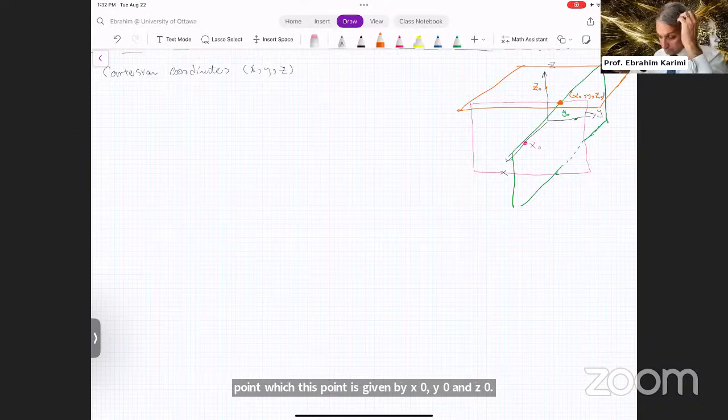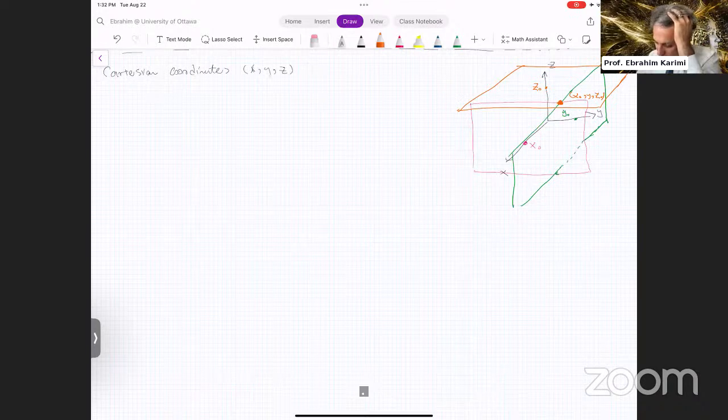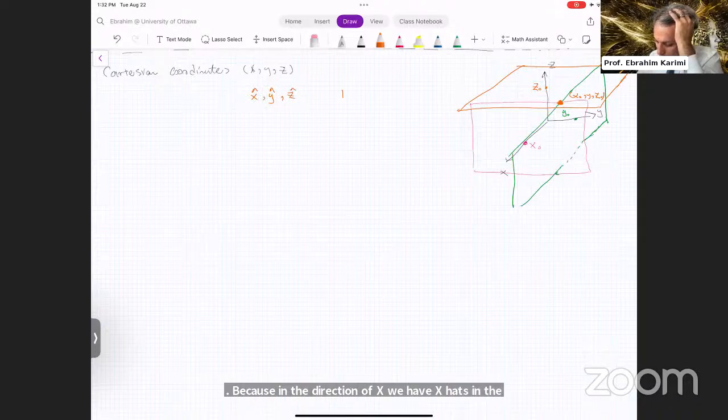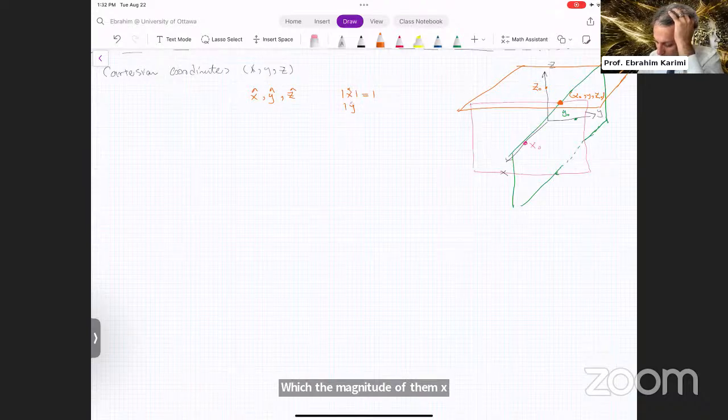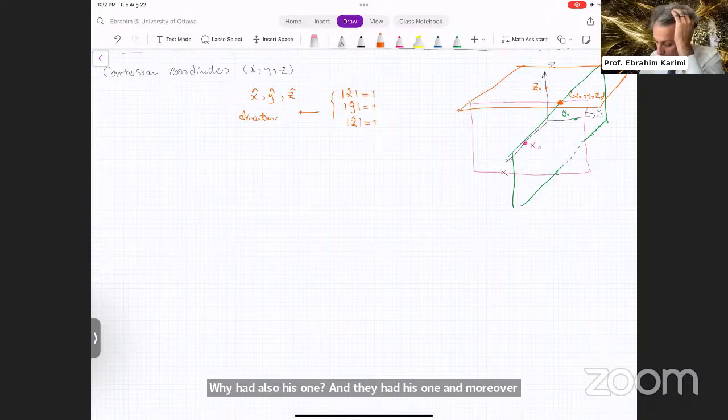Lovely. Why do we love Cartesian coordinates? Because in the direction of x, we have x hat. In the direction of y, we have a y hat. In the direction of z, we have a z hat, whose magnitudes are 1: x hat is 1, y hat also is 1, and z hat is 1. And moreover, the directions are fixed.